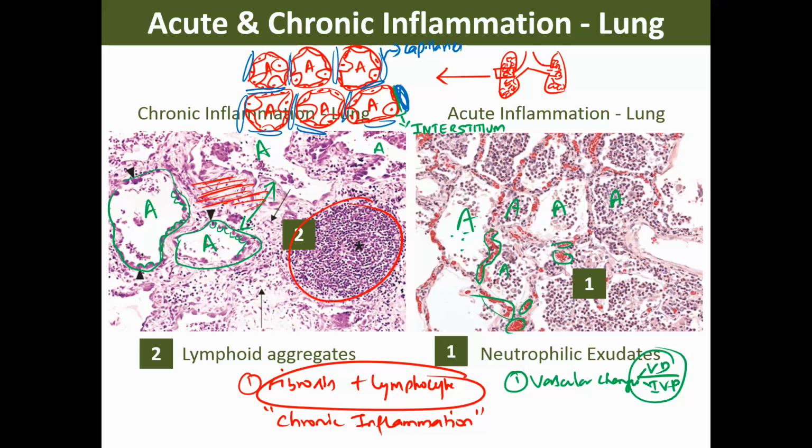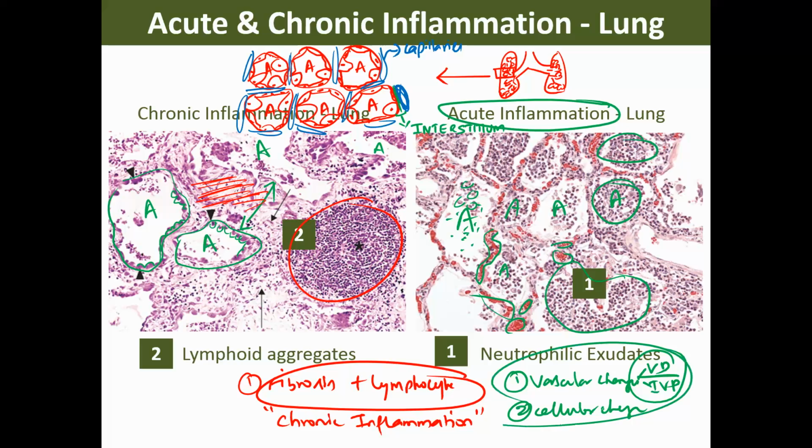The fluid goes into the alveoli, and the next change is cellular changes. They bring the neutrophils. What you are seeing inside the alveoli is full of neutrophils. This alveoli is completely full of neutrophils. The alveoli is surrounded by congested capillaries, the fluid is escaping out, and the neutrophils are coming out. These changes lead to acute inflammation.